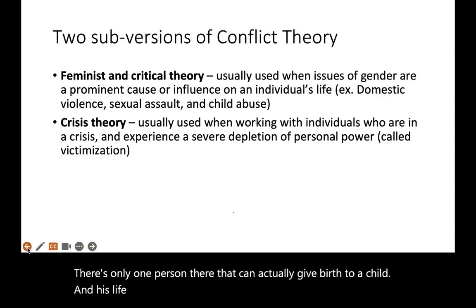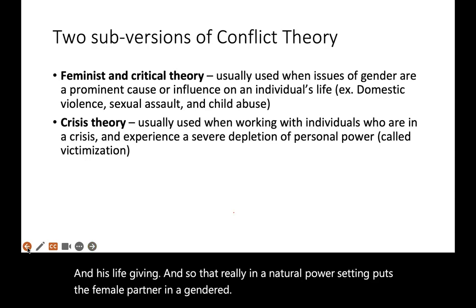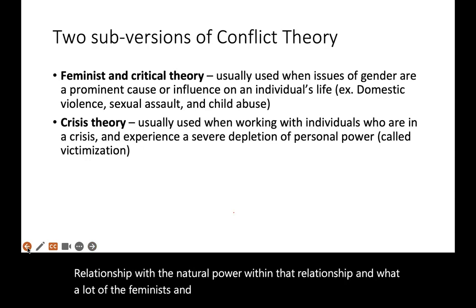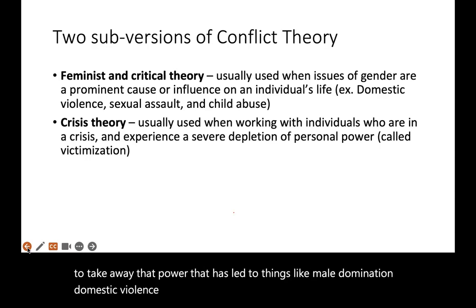And so that really, in a natural power setting, puts the female partner in a relationship with the natural power within that relationship. And what a lot of the feminist and critical theories people state is it's that need to take away that power that has led to things like male domination, domestic violence, sexual assault, and child abuse, if that makes sense.